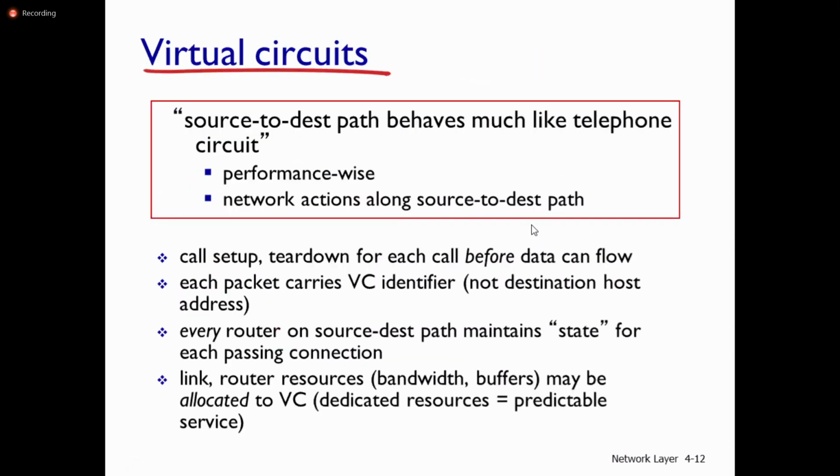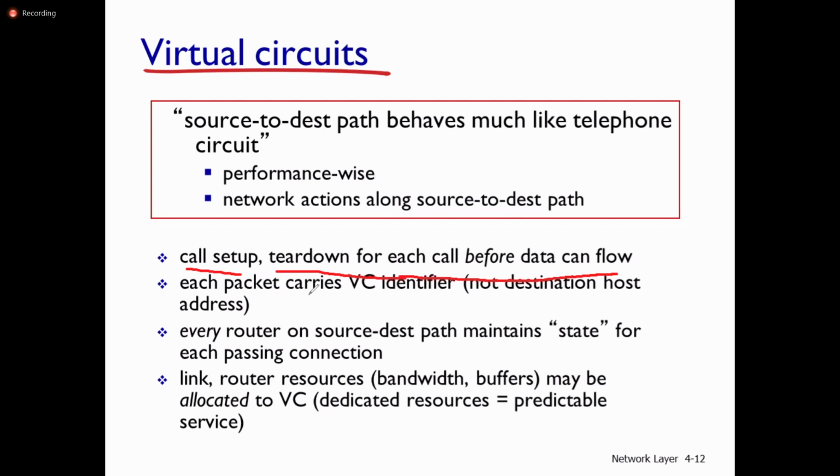Virtual circuits are nothing but source to destination paths, behaving much like a telephone circuit. It may be in terms of performance as well as network actions along the source to destination path. Since it is a path between source and destination, there is a call setup and teardown for each call, that means call closing, before data can flow.